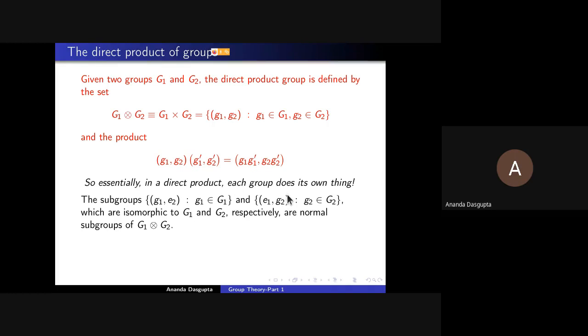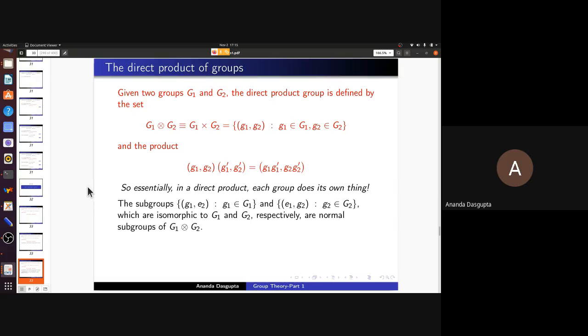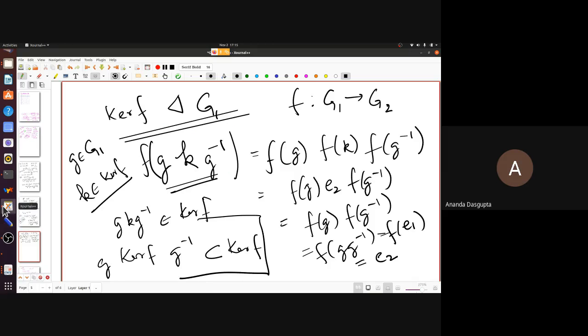Similarly for the other one, the rule is the same as the multiplication rule for the group G2. So it is obvious that these are subgroups of G1 cross G2. Not so obvious, but not very difficult to prove, is that they are actually normal subgroups of G1 cross G2. Let me just show you one example, one of them.